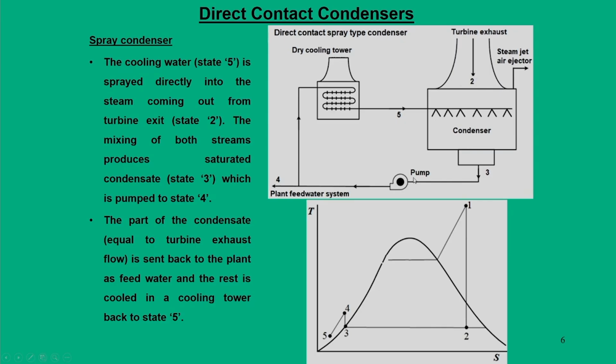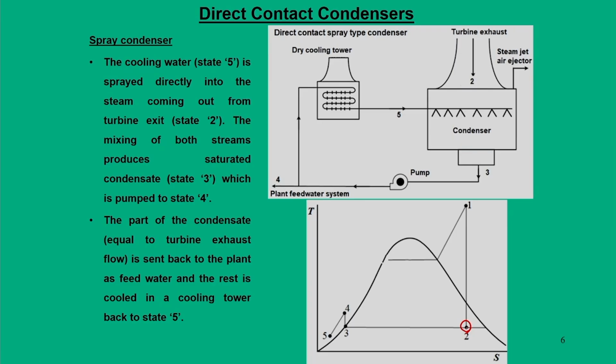Now, here at point 3 there are two streams: one goes to state 4, the other returns to the cooling tower at state 5. After the turbine exit we are at state point 2, a thermodynamic state where the quality of the steam is around 85 to 90%.